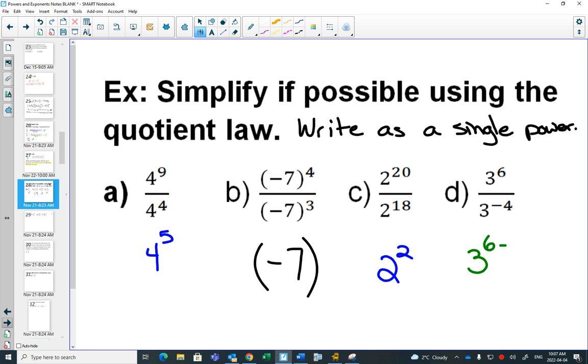So it would be 6 minus a -4. And then you have to ask yourself, how do you subtract a negative? Subtracting a negative is the same as adding. So then you would get 3 to the 10.